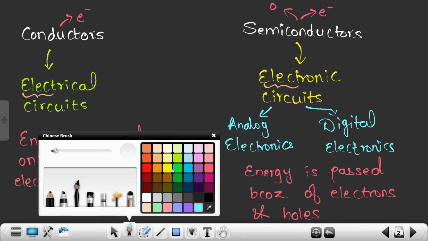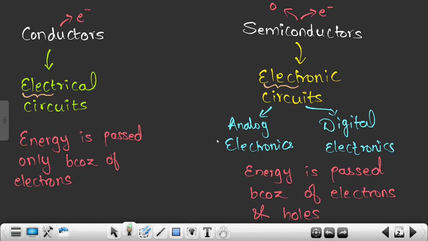When I talk about analog electronics, I'm talking about components like diodes, BJTs, FETs, etc. And when I'm talking about digital electronics, I'm talking about components like logic gates, multiplexers, demultiplexers, flip-flops, etc. I have just taken two examples of the many circuits.